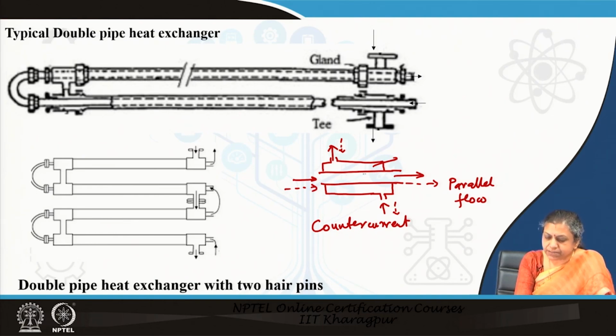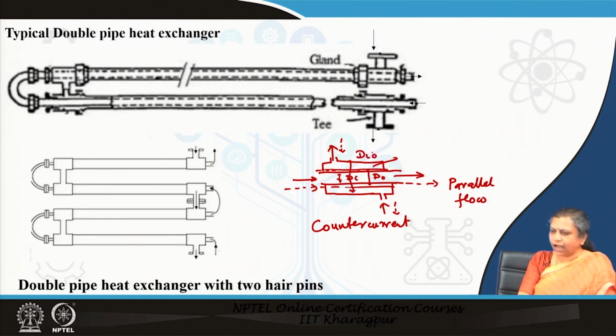Heat transfer takes place through the wall of the inner pipe, and therefore this gives us the heat transfer surface. Normally, the inside diameter of the inner pipe is defined as dI, the outside diameter of the inner pipe is defined as dO, and the inside diameter of the outer pipe is designated as DIO.